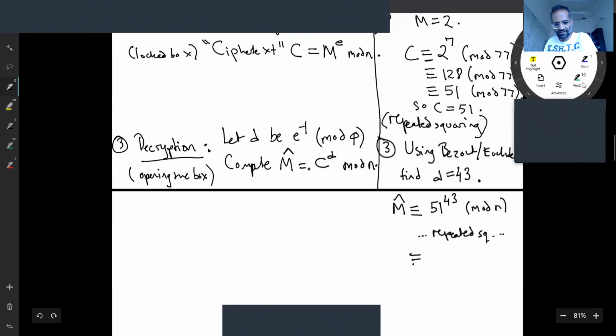And if you do this, you get that this is 2. Now, this is by no means obvious. I skipped the calculation, so maybe it wasn't as stunning. But if you do the calculation, you actually get back the original message M.